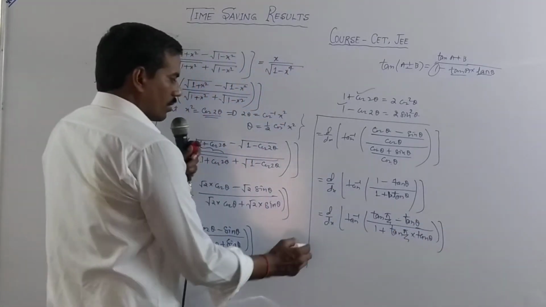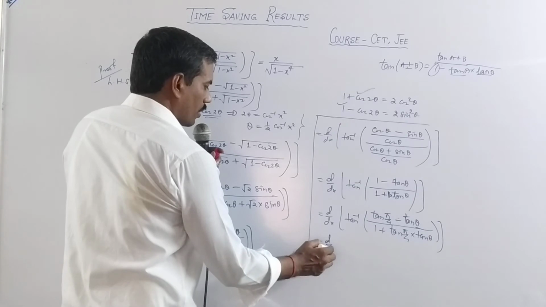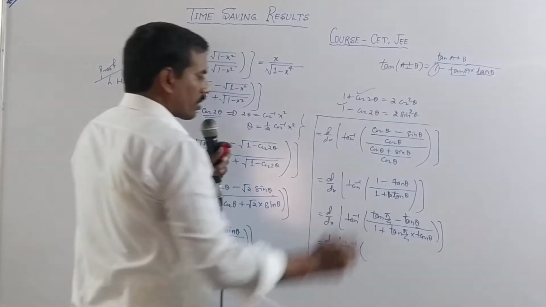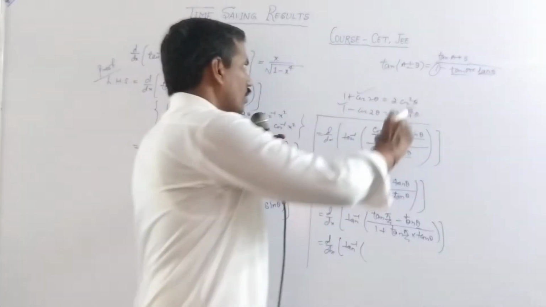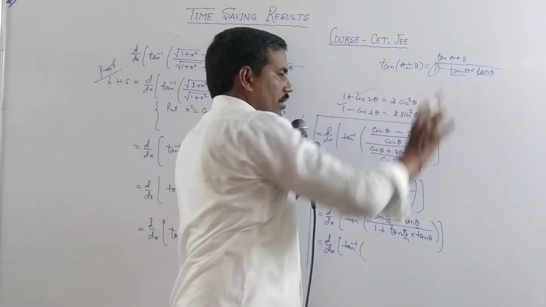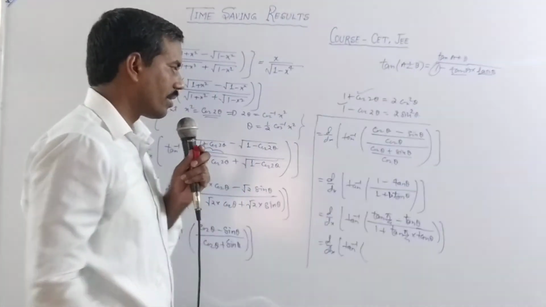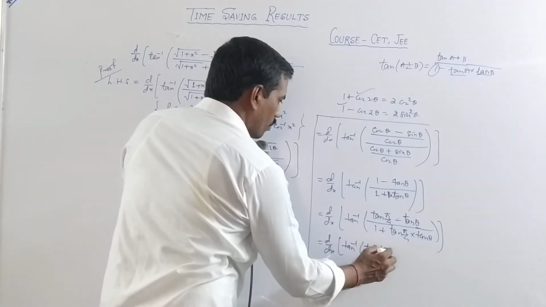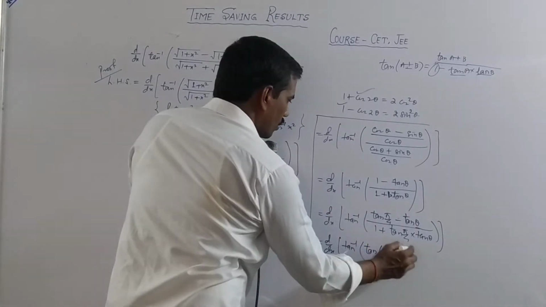Okay, this is equal to d by dx of tan inverse of. Now if we compare our last step with that format, we can write tan of a minus b. A means pi by 4, b means theta.